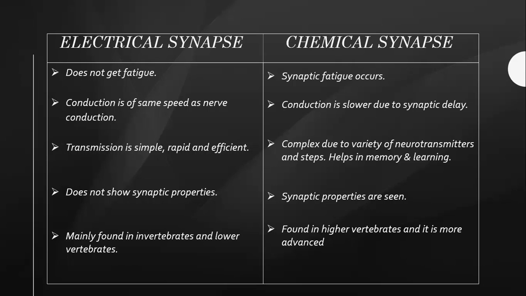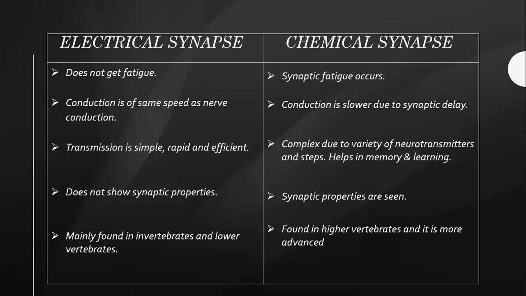The transmission is simple, rapid, and efficient, whereas in chemical synapse, since there is complexity in various steps and variety of neurotransmitters, there is a complication which occurs in the chemical synapse and that causes the delay. And these things help in memory and learning.